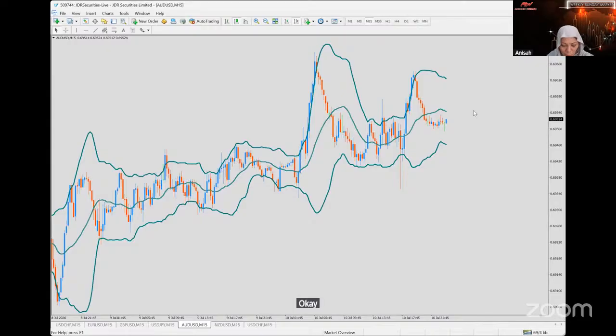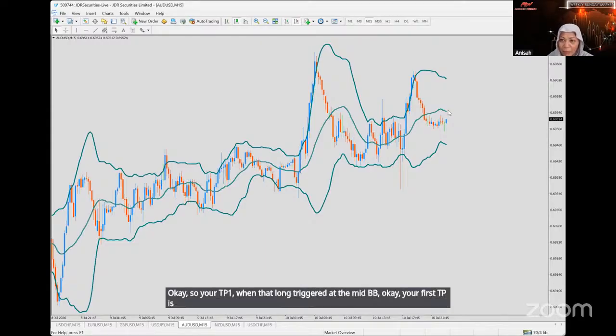Your TP1, when that long is triggered at the mid BB, is the intermediate upper band, not this M15 upper band. Intermediate means our H1. H1 upper band is at 0.69635.